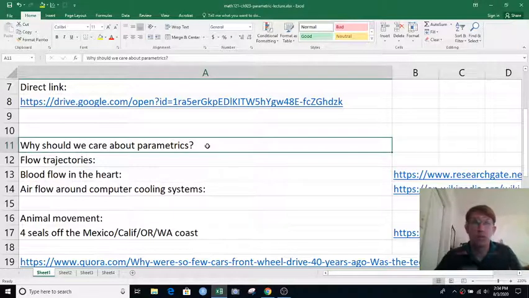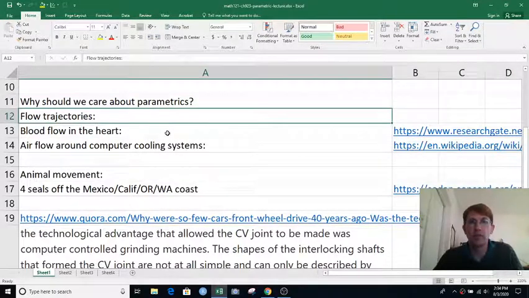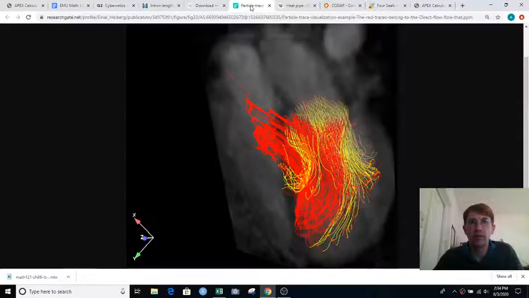So a good first question might be, why should we care about parametrics? There's lots of interesting things going on with parametrics. You can talk about flow trajectories, like here's a graph of blood flow in the heart, where they've got some little particles of blood colored in red because they leave the heart after one contraction, and then the yellow particles actually stay and just kind of swirl around in the chamber and maybe get ejected on the next contraction.